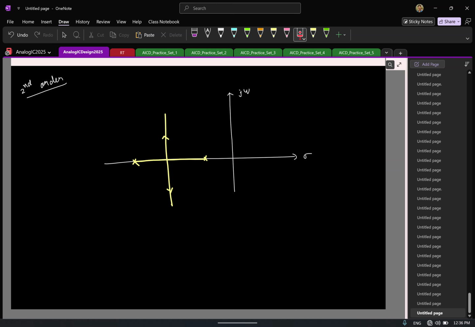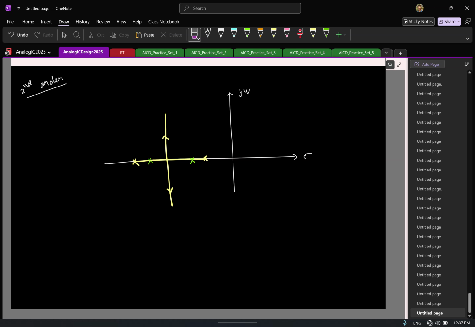Now on the real axis, I can have multiple options. Maybe I can have a case where, let us say, one pole is here, other pole is here, or one pole is here, other pole is here. That is, they can be far apart or close enough. So what might be a preferred choice? Let's say DC gain is fixed now.